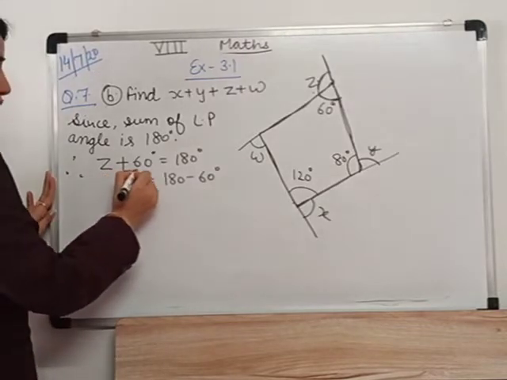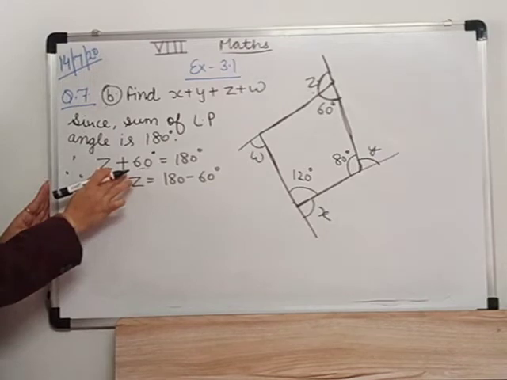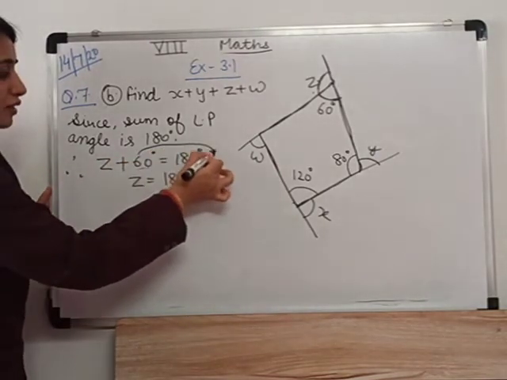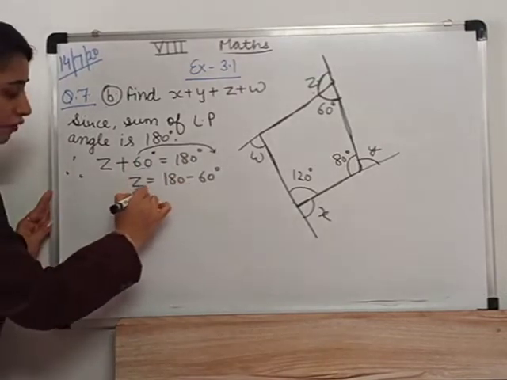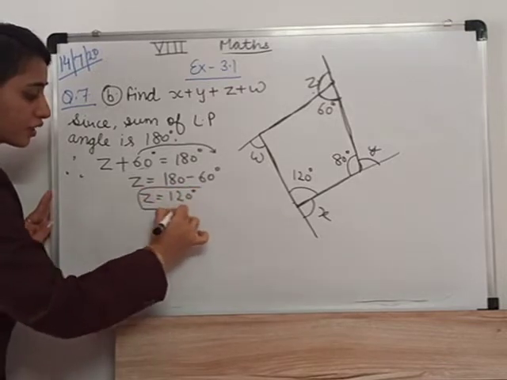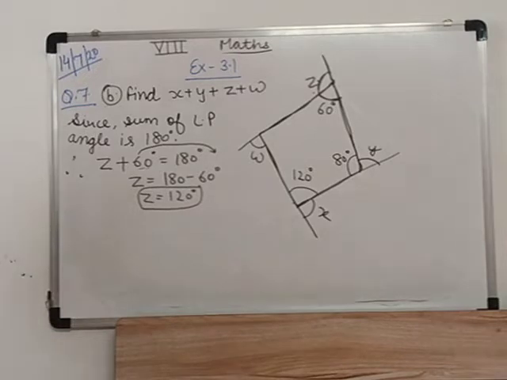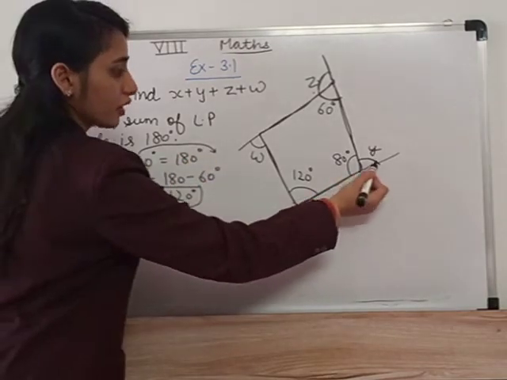By the transposing rule, 60 is on the left-hand side with a positive sign; when we move 60 to the right side, it comes with a negative sign. So the value of z is 120. 180 minus 60 is 120. Understood?